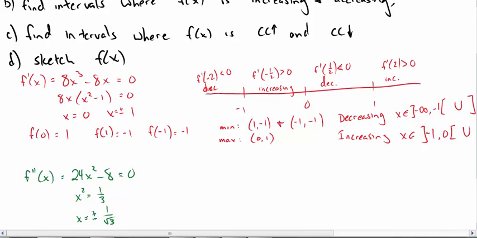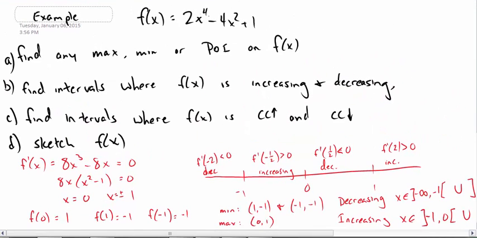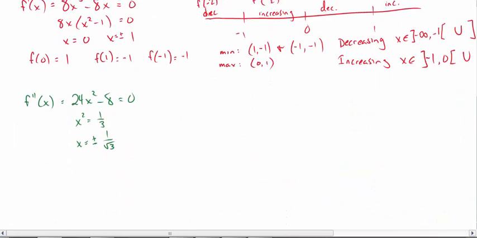Now I hope that you see that finding the actual points of inflection without technology here is going to be a little bit difficult because we're going to have to plug in 1 over the square root of 3 up here. We can do it. It wouldn't be horrible. I'm going to save us the time in these notes of actually calculating them.